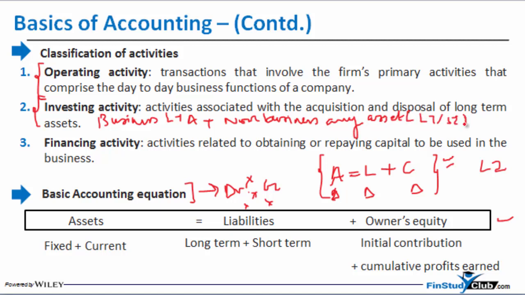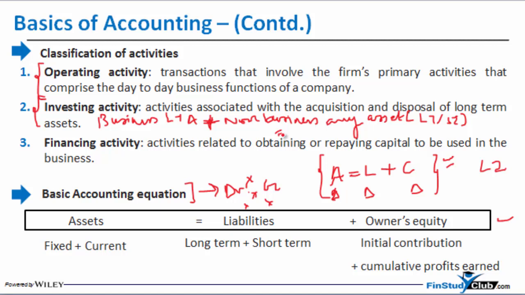Long term or short term. Basically, if I've done some investments not into my own business but into some mutual fund, or some company's bonds or some company share, that is my money but not invested into my business but invested into some other non-business activity. Now it doesn't matter if short term or long term, it really is an investing activity.